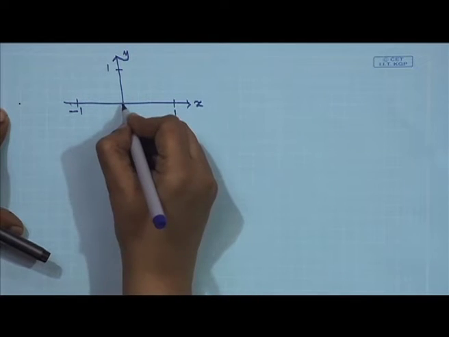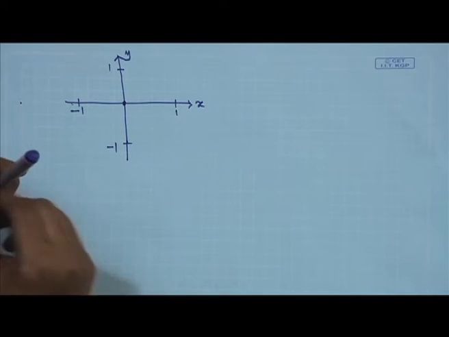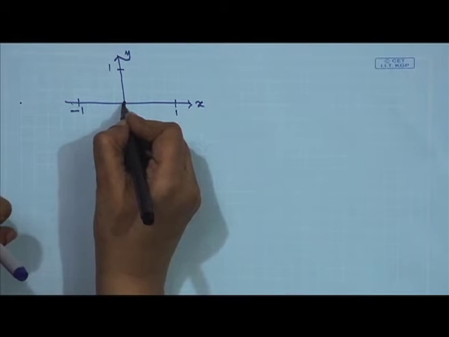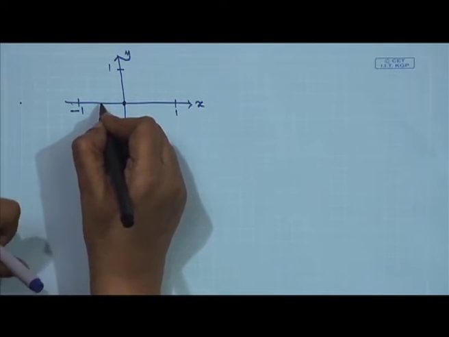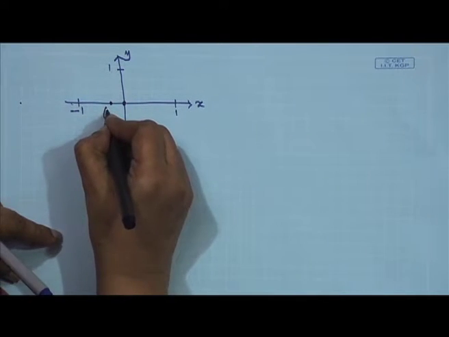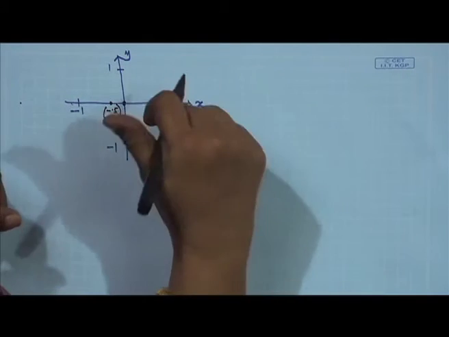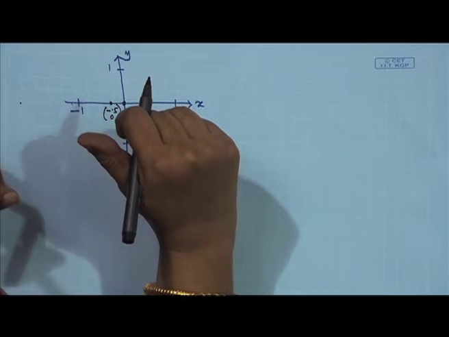What we did? We started from here, we checked everything, and we could see that if I just jump to the next point, which is minus 0.5, 0, then my searching would be optimum, alright.